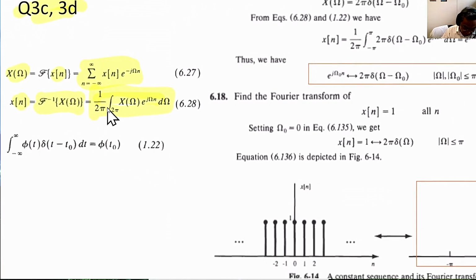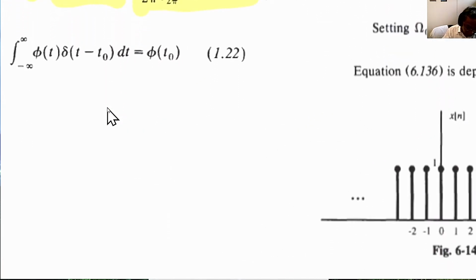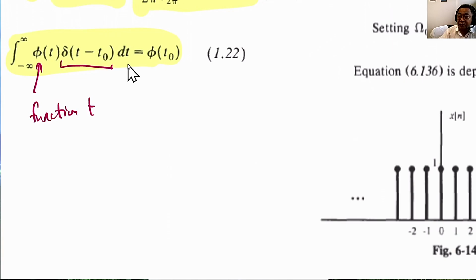Now, we're going to use this property, the shifting property. So let's assume that this guy is some function of t, and now we have a delta function. Now, the shifting property of the delta function is this: when we multiply a delta with the function, and this delta, remember what this means is that at this time t naught, there is a delta here.